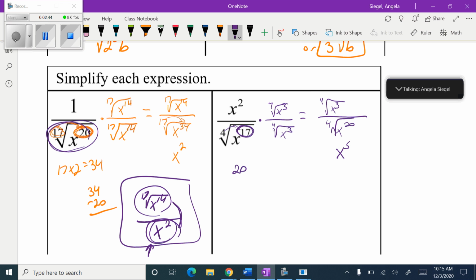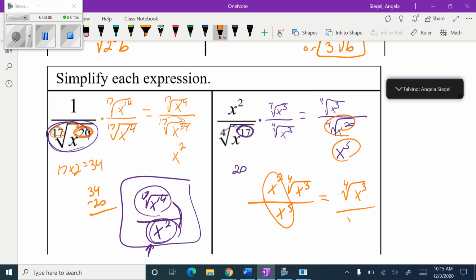So when we do that, we're going to get x squared times the 4th root of x to the 3rd over x to the 5th on the bottom right here. Remember, it became that. And so now I can simplify it. So I have the 4th root of x to the 3rd over x to the 3rd. And again, this is another one where I feel like I need to simplify this, but there's really nothing to do here.